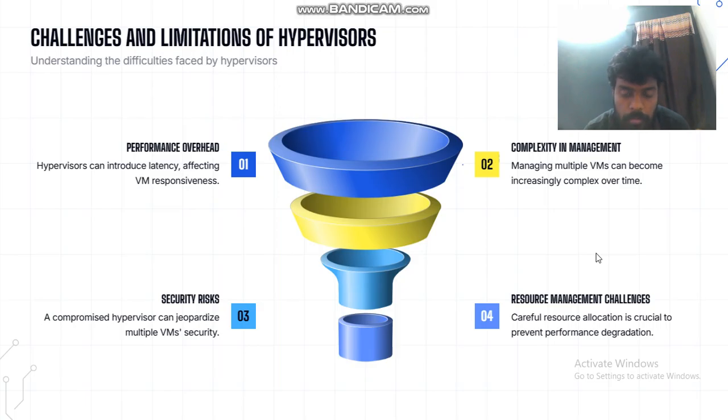That is, if one of the virtual machines gets affected, all the virtual machines get gradually affected. That is a security risk. Resource management challenges: careful resource allocation is crucial to prevent performance degradation. That is, resources must be allocated very tactically, so that there is no deadlock and such problems.